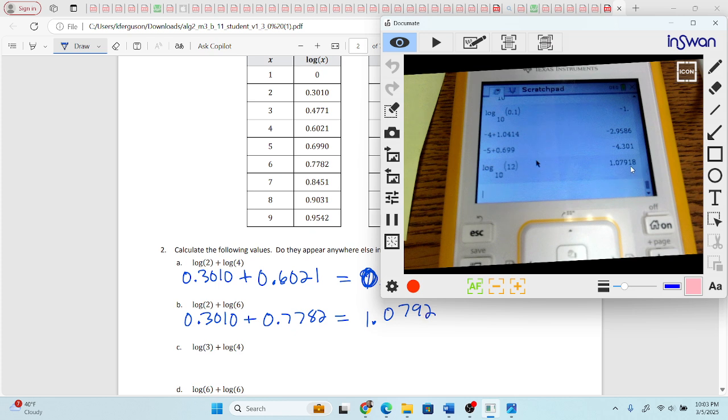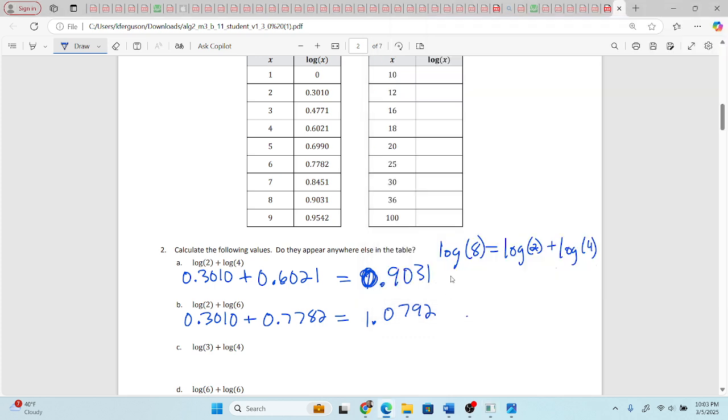If we round to 4 decimal places, we look at the 8, it's 5 or more, so change the digit. So that's going to be a 2. So yep, that works. So what do we got going on here? We got the log of 12 equals the log of 2 plus the log of 6.